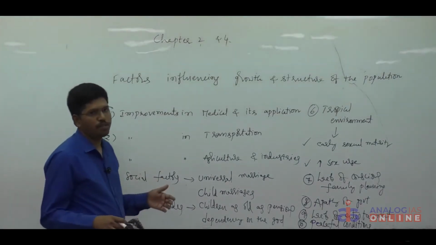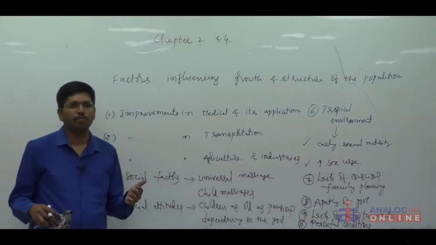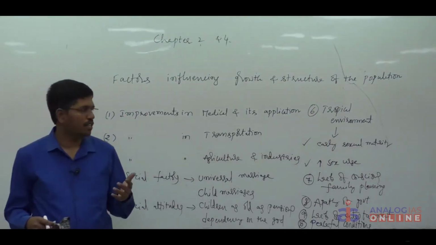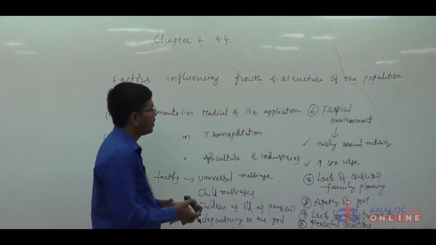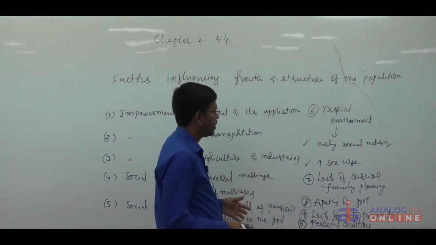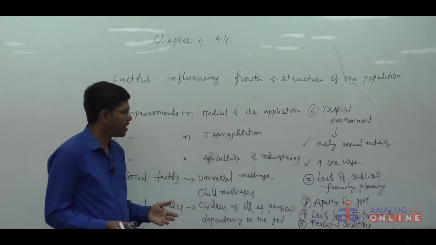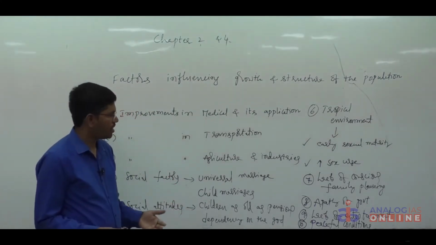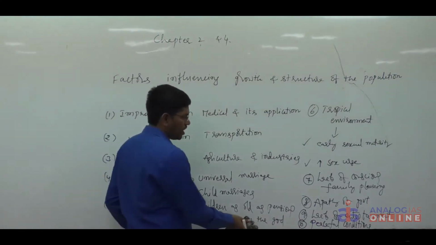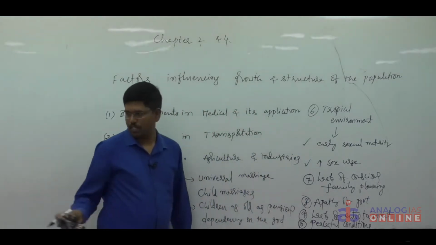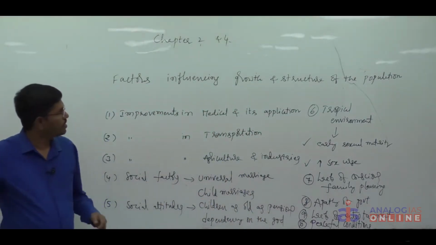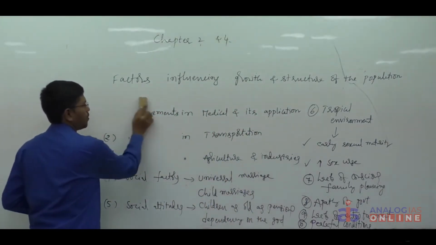Whenever there is a joint family system, then there will be enough number of people to take care of the children whenever they are produced. And tropical environment, lack of conscious family planning, apathy of the government in implementing family planning program, lack of entertainment facilities in the rural areas, and peaceful conditions. These are responsible for influencing the growth and structure of the population.